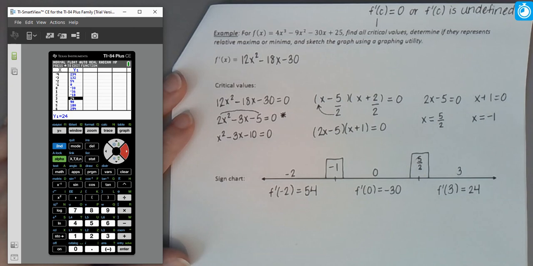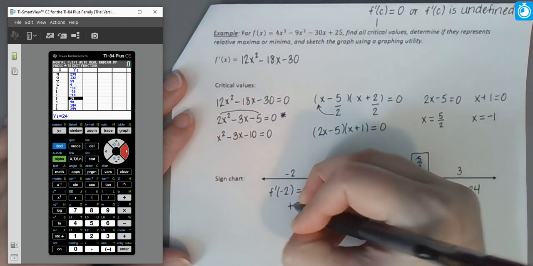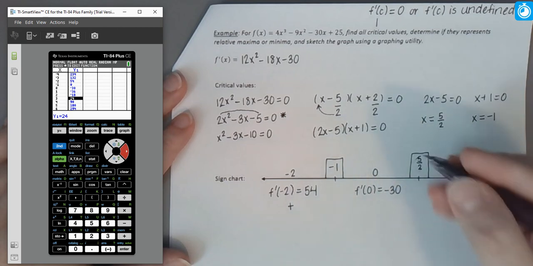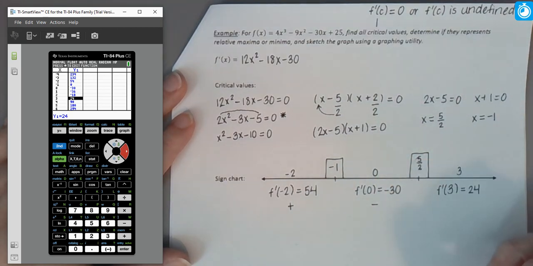Okay, so I'm not worried about how big the number is, how small the number is. All I'm worried about is, do we get a positive output or do we get a negative output? Well, for a test value of -2, we get a positive output. For a test value of 0, we get a negative output. And then for a test value of 3, we get another positive output.